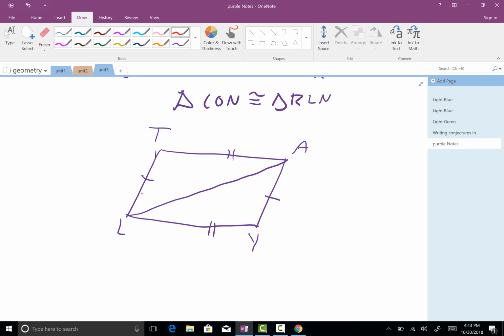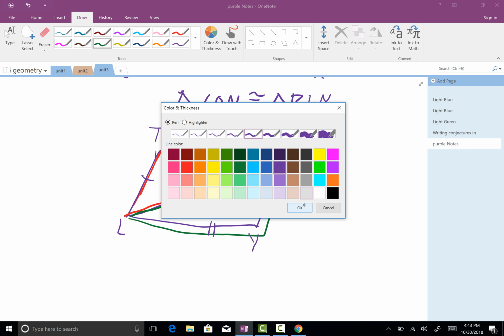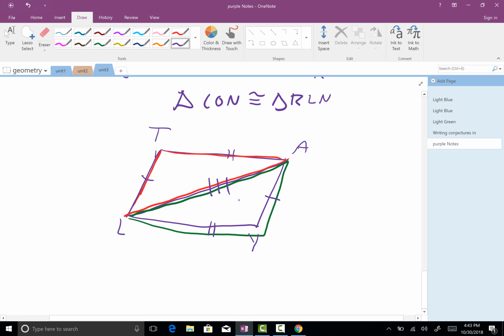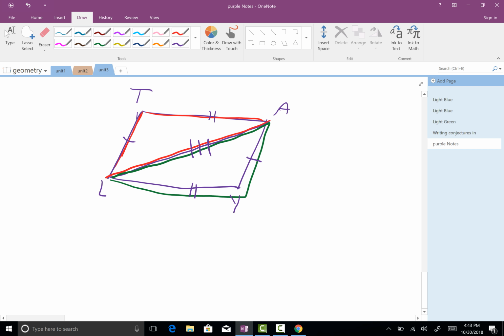However, look at this triangle up here and this triangle right here. As I trace them, I notice that the red and the green sides in these two triangles are shared. In other words, they're the same thing. So I can put my third mark through that, because those two triangles share a common side. So now we have side, side, side. So yeah, these triangles are congruent. The answer is yes, because of side, side, side.